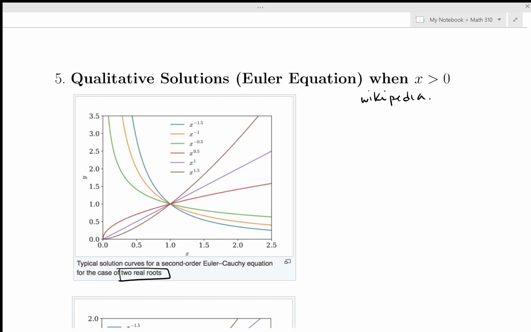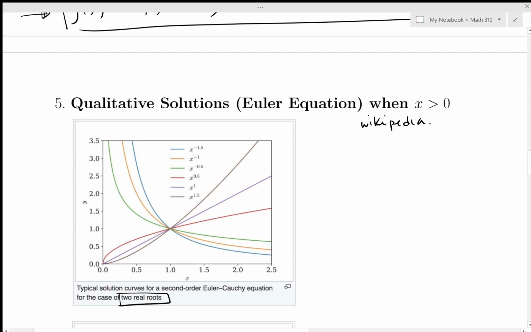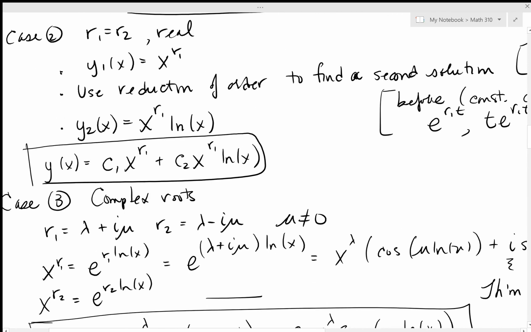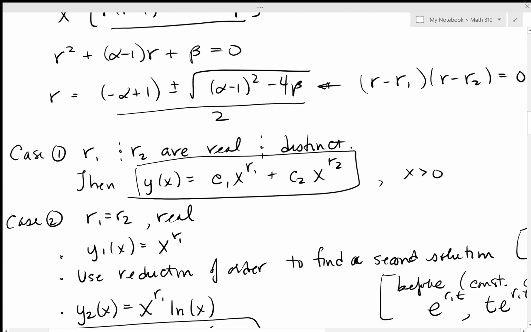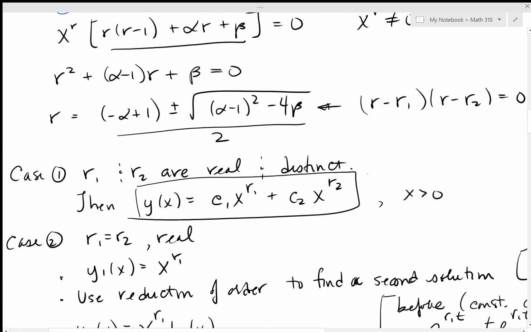So we have different values of r. Let me just roll back here. We are looking at this case where the roots are real and distinct.